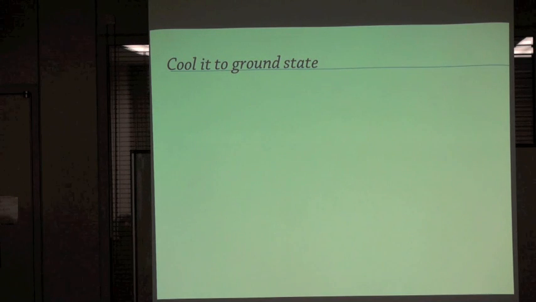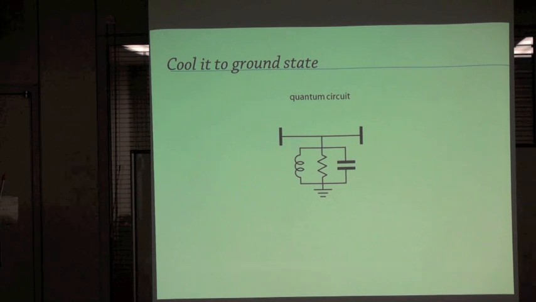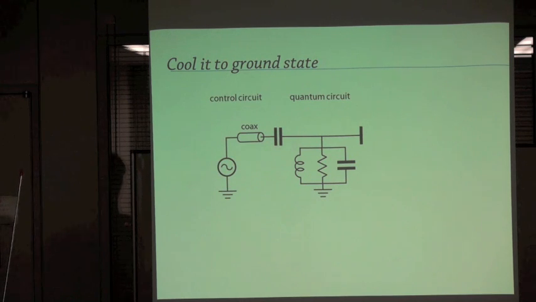But before we can start, we need to initialize our qubit. So somehow we need to put all the excitation in the ground state. To do this, we need to cool it down. So take our circuit, here at room temperature. Then we couple it to some control circuit.